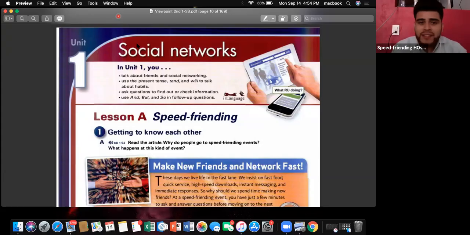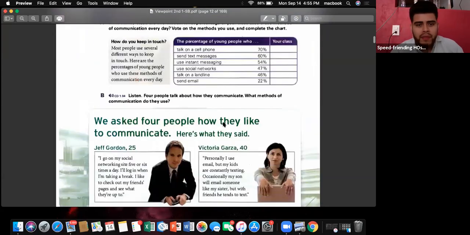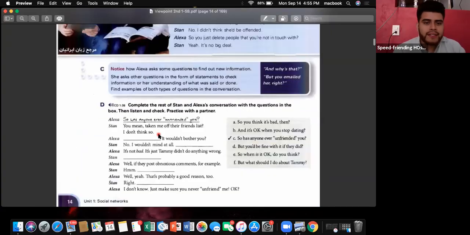In this book, it's not like that. In this book, it tells you unit 1, and it tells you the main topic, and then it gives you the things you're going to learn, right? And just like the other book, you have 4 lessons in every unit. You have lesson A, lesson B, lesson C, and lesson D.